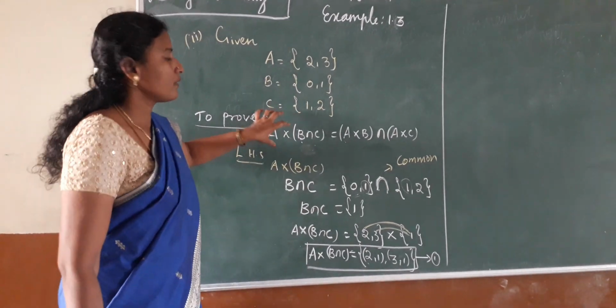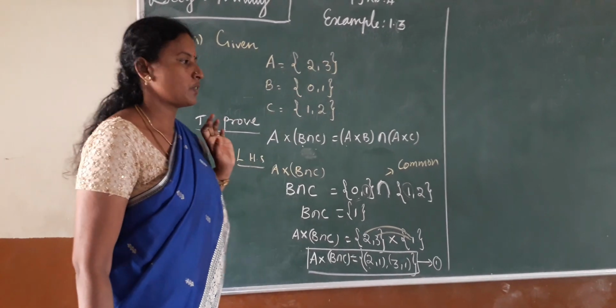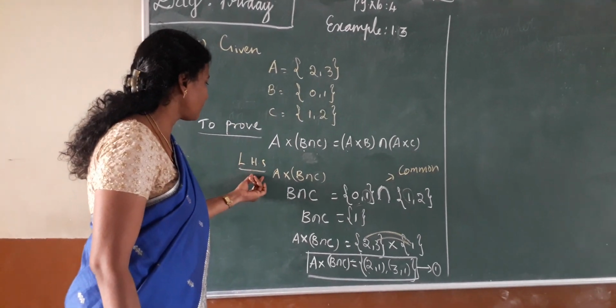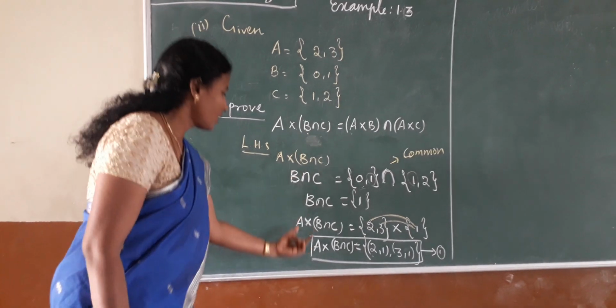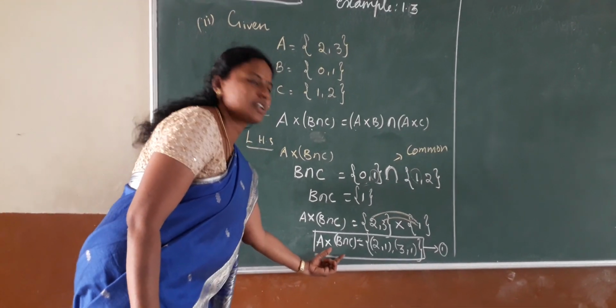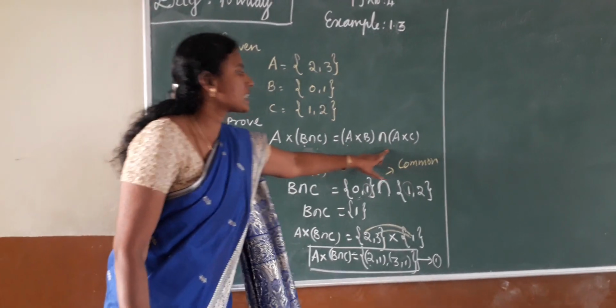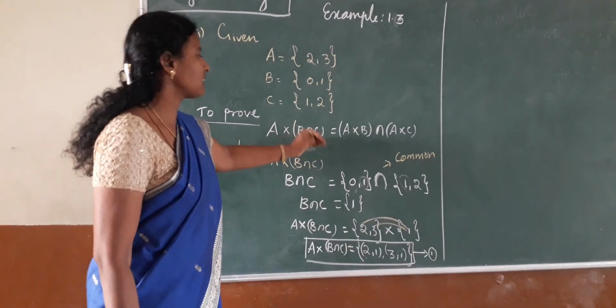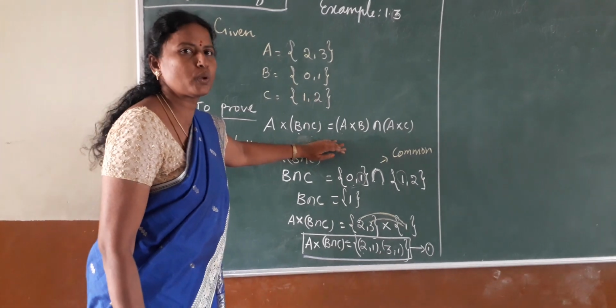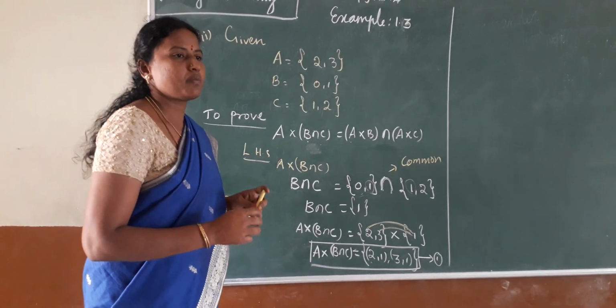This only we have to prove. This is our aim. First, we have completed the left hand side. Now we have completed the answer for the left hand side. And then next, which one do we want to prove? The right hand side. See the question.